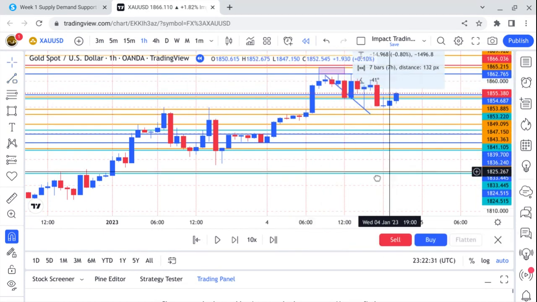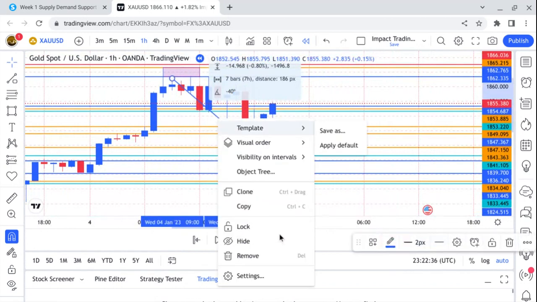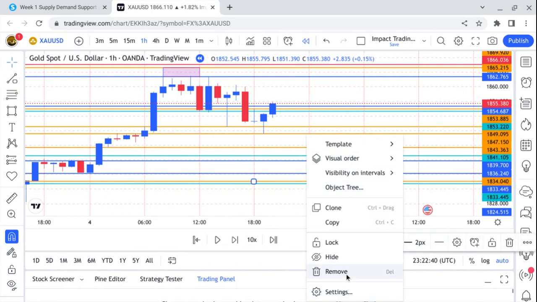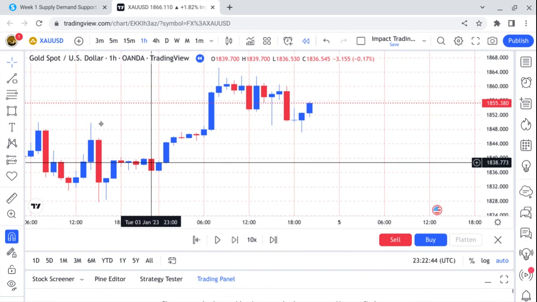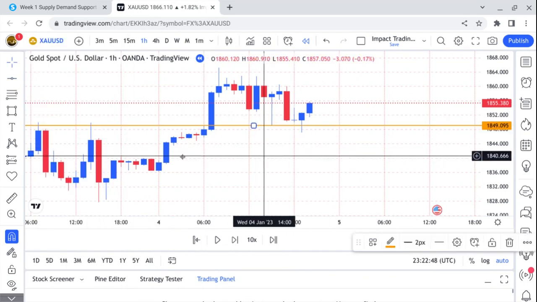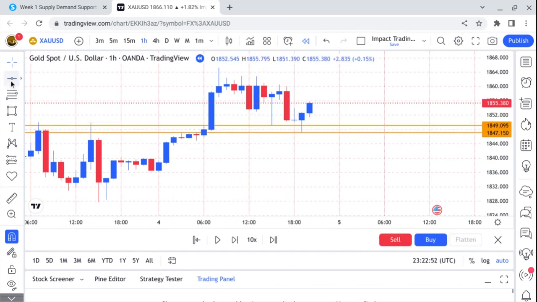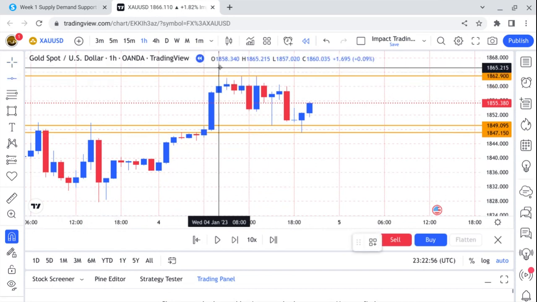Now let's see what happened for our New York session. Now remember, we drew these lines before the sessions began. We can remove these now. We drew these lines before the session began. And then you can start removing lines as the trading day moves.